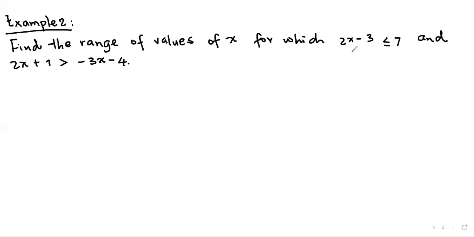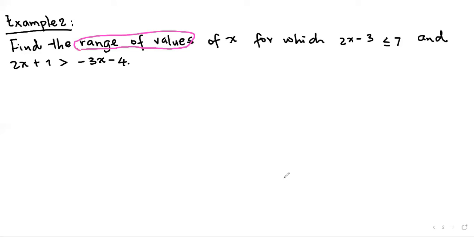We have 2x minus 3 is less than or equal to 7 and 2x plus 1 is more than negative 3x minus 4. Now, this is the range of values that we are going to find.